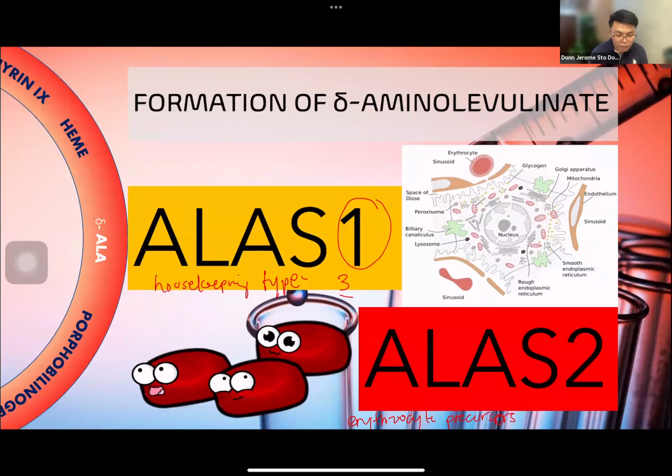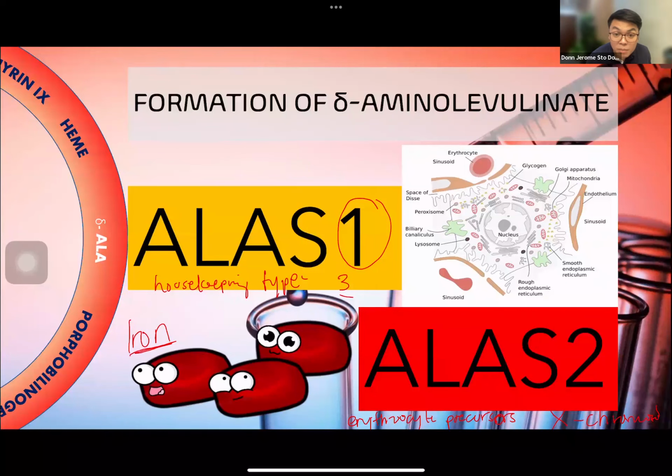And this is encoded in the X chromosome. Please remember that synthesis of ALAS, or expression of ALAS, requires iron, because the mRNA of ALAS contains an iron response element. So you need iron for its synthesis. So iron is a positive regulator of the enzyme. It will stimulate ALAS. Okay, does that make sense?